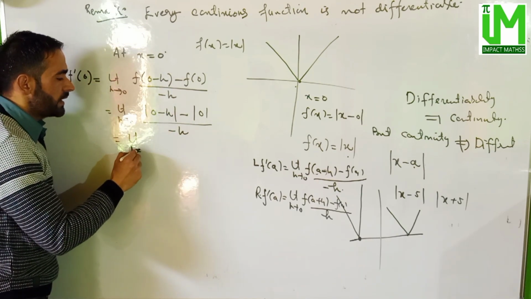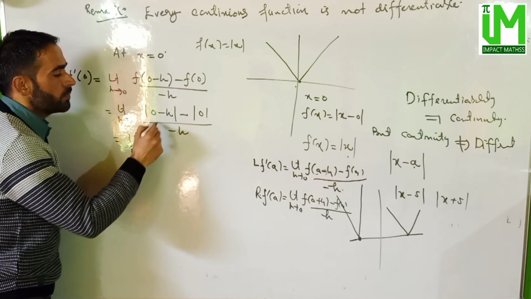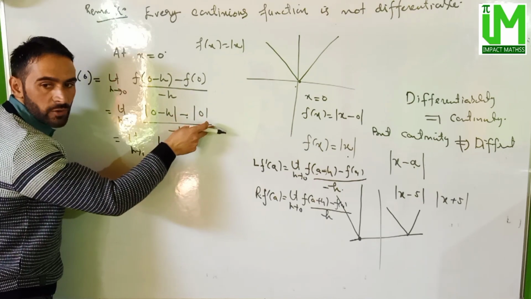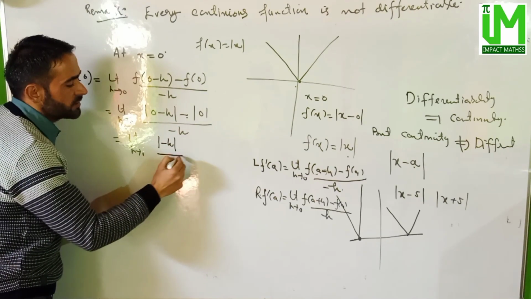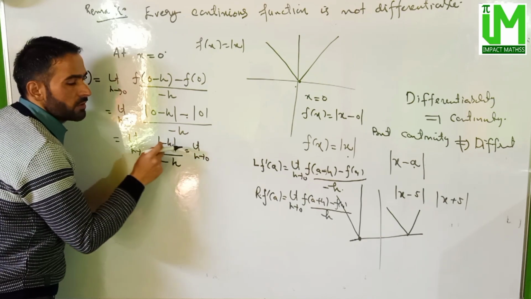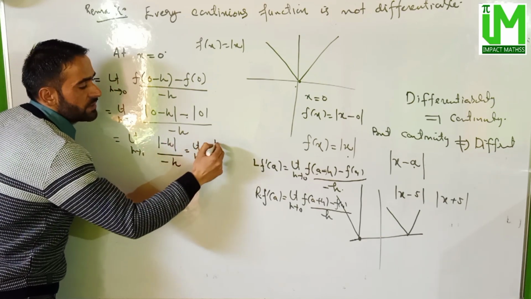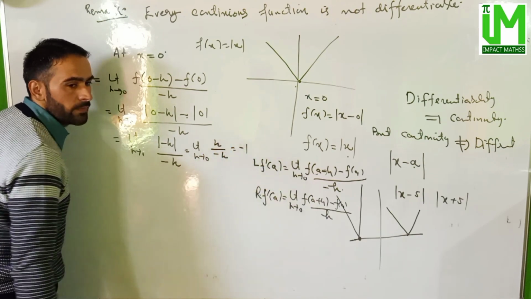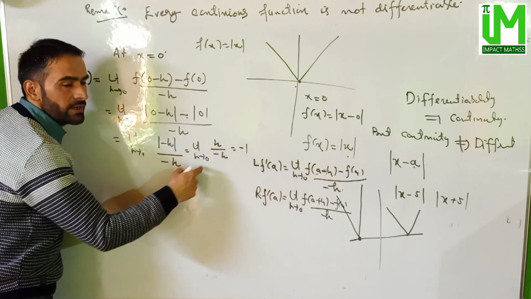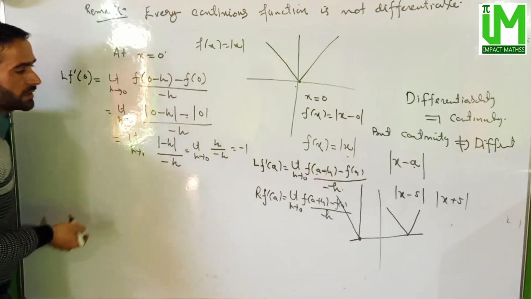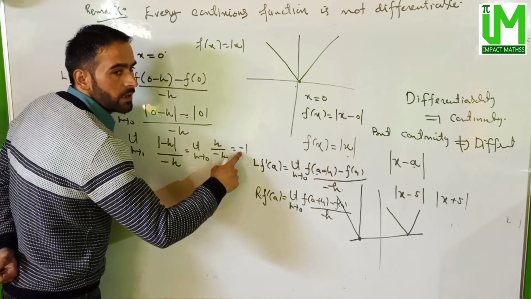So it will be limit h tends to 0 of mod of minus h minus mod of 0, that is 0, divided by minus h. Mod of minus h is h, divided by minus h. So h and h will cancel out, and it will be minus 1. The limit of a constant is the constant itself. So the left hand derivative is equal to minus 1.